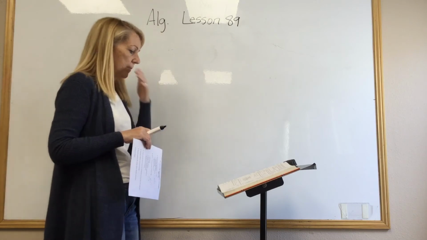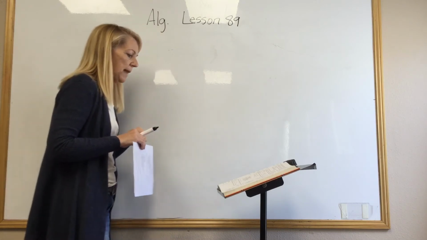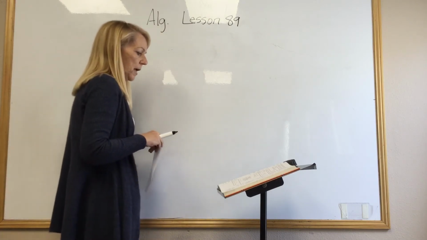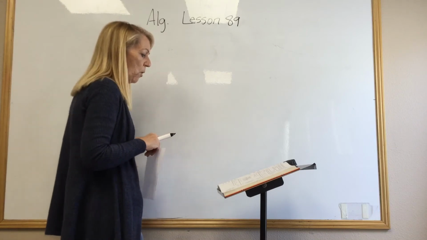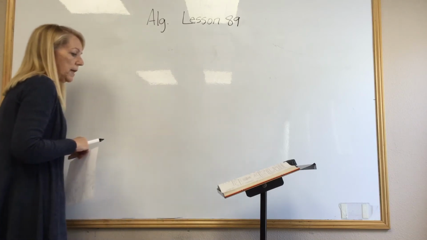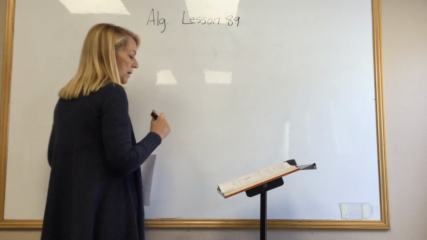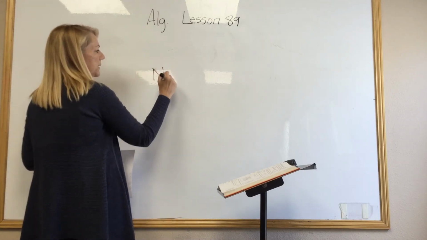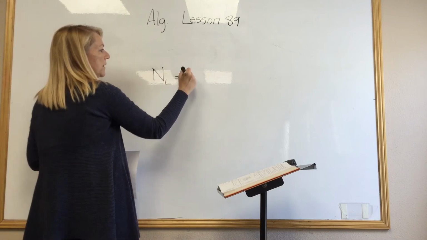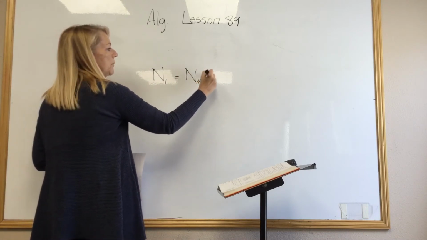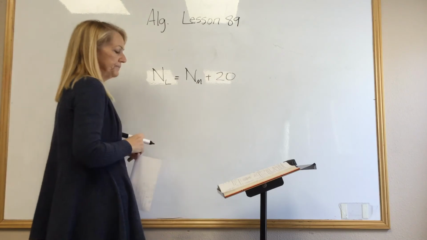Or did they sell? So, setting that up, just so you know, if she sold 20 more of the less expensive dresses, that would be the less expensive dresses equals the number of more expensive dresses plus 20. Okay?